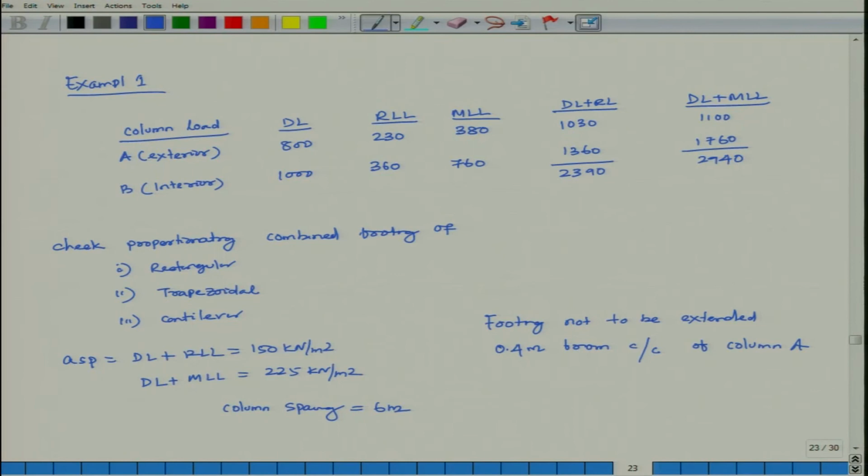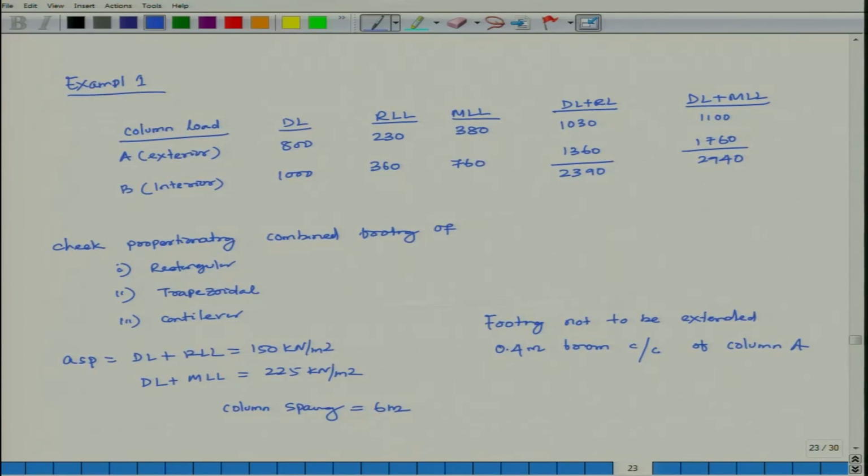Allowable soil pressure is given as 150 kilonewton per meter square considering dead load and reduced live load. Considering dead load and maximum live load, it is 225 kilonewton per meter square. Column spacing has been taken as 6 meter. Footing is not to be extended 0.4 meter from center of column A.